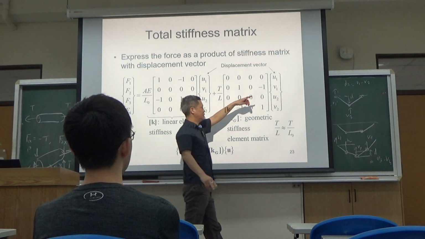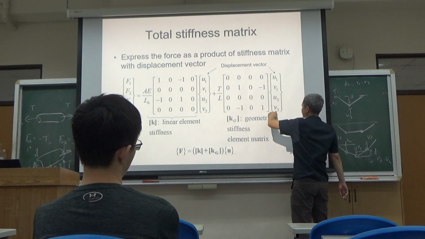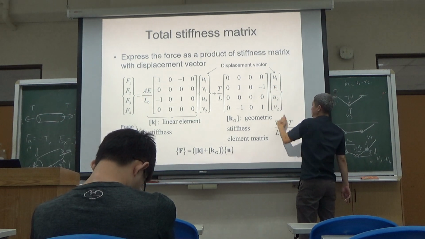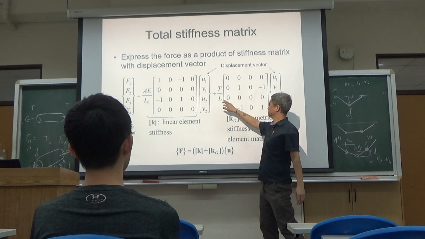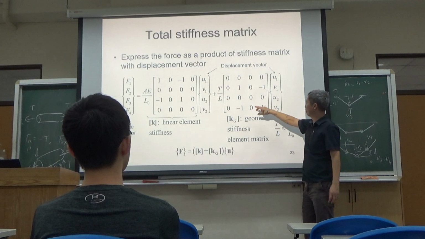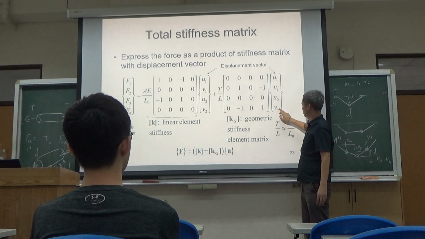This support of vertical loading, of course, is caused by the inclination of the rod or bar. So there are vertical displacement. So the association here is the tension per unit length happen along in the y direction on node 1 and node 2. Okay?